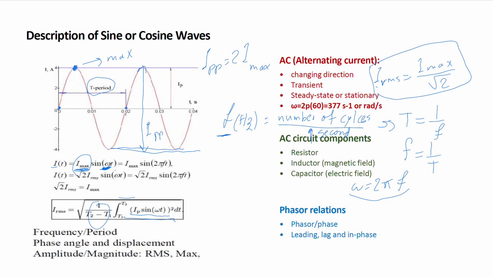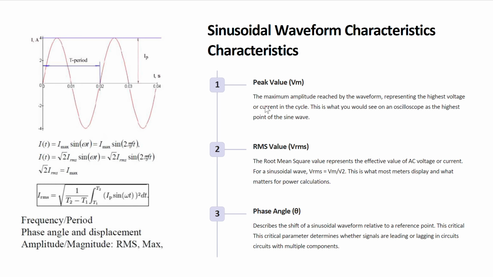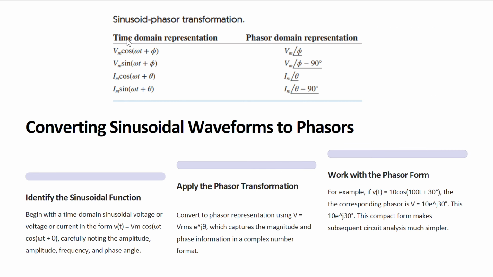Now, the transformation from the time domain to the phasor domain that we introduced is very easy. As we said, the cosine is the projection of the vector, as well as the sine. Cosine is the projection of the vector on the x-axis, and the sine is the projection of the vector on the y-axis, which is the imaginary axis, and this is the real axis.